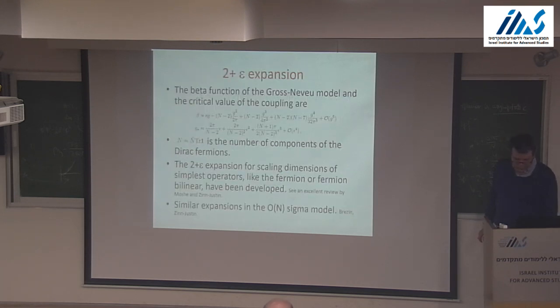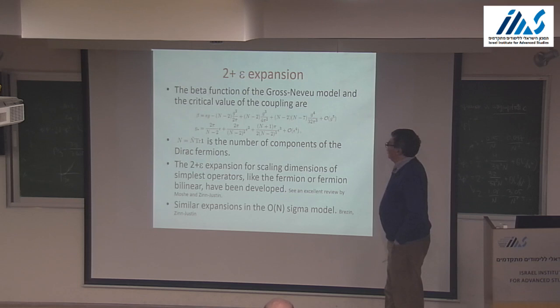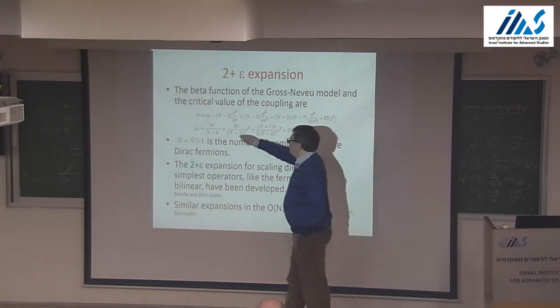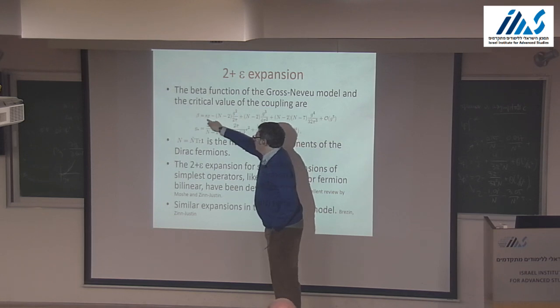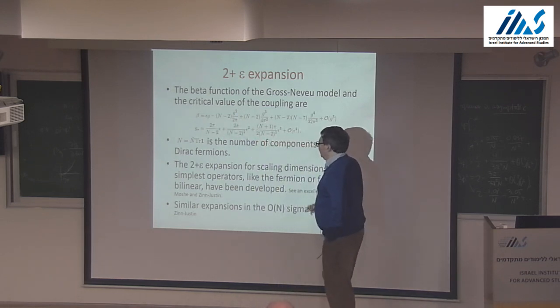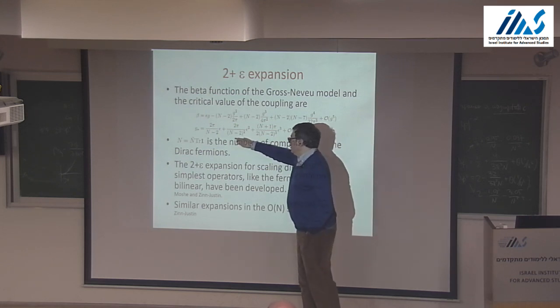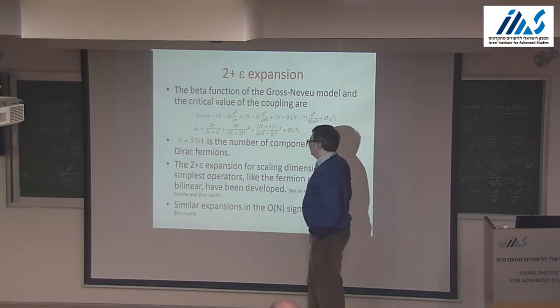Okay, so one thing that you can do is you can do a 2 plus epsilon expansion, where you basically take this beta function exactly in 2 dimensions, and then you have this plus epsilon g term, and then you get a g star coupling, which is also of order epsilon.